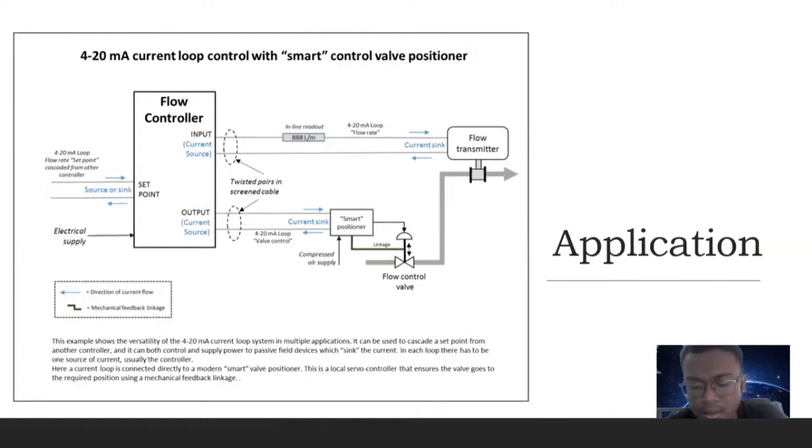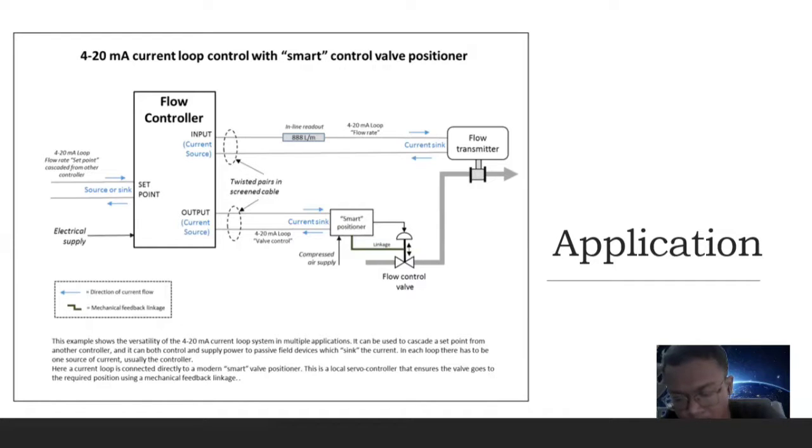Then we get the applications. The process plants consist of hundreds or even thousands of control loops, all networked together to produce a product to be offered for sale. Each of the control loops is designed to keep some important process variables such as pressure, flow, level, or temperature within a required operating range to ensure the quality of the product.